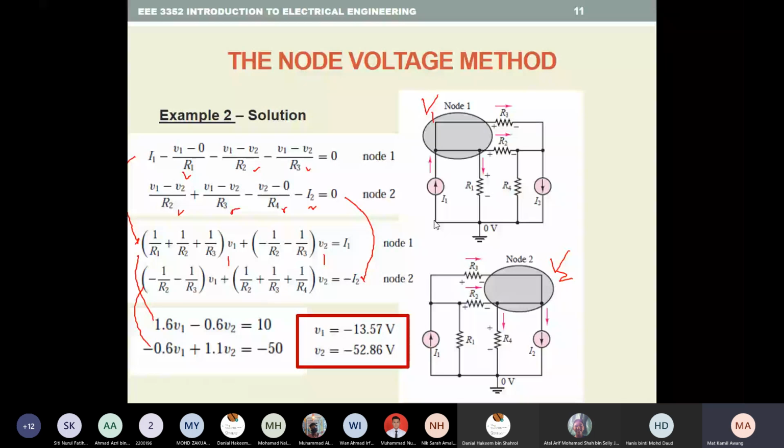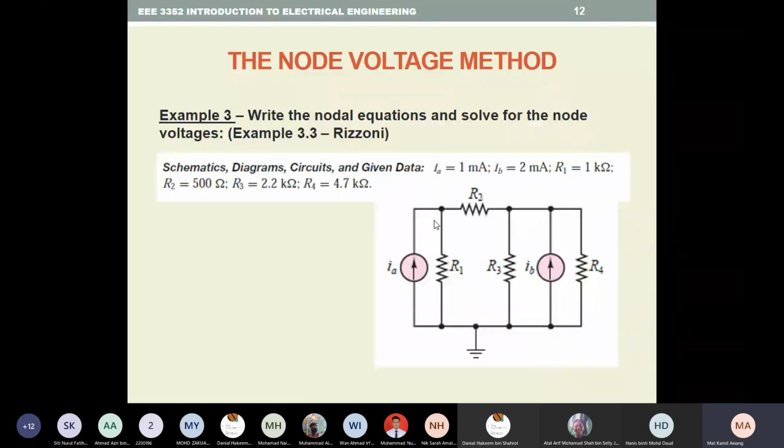So this one you can do on your own to get a clearer understanding of the process: setting up the equations for node 1 and node 2, doing some algebraic manipulations to come up with two equations with the independent variables V1 and V2, then using the simultaneous equation method to solve and find V1 and V2, right? Okay.